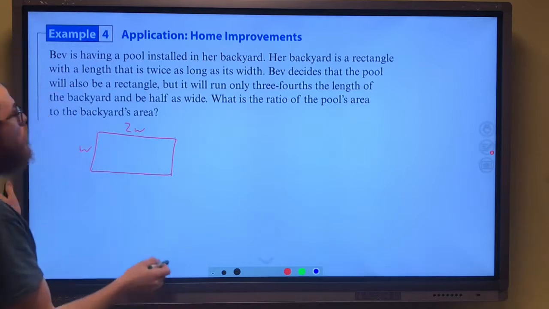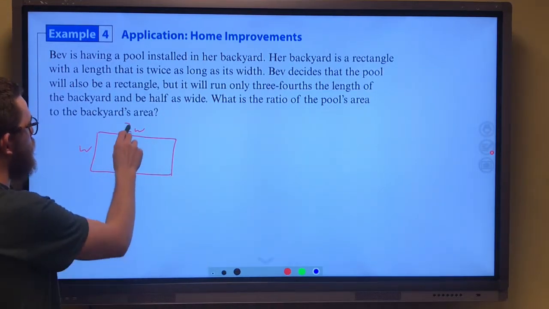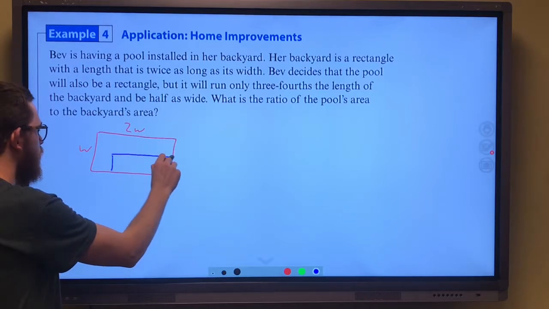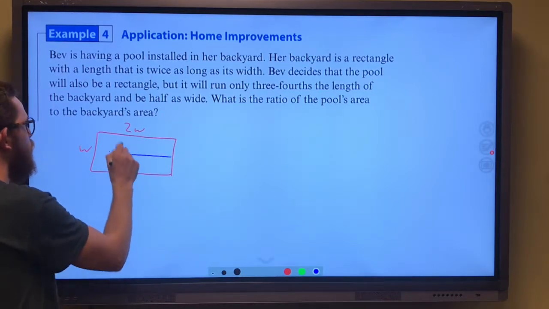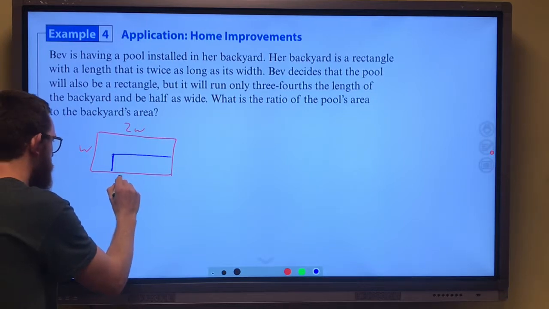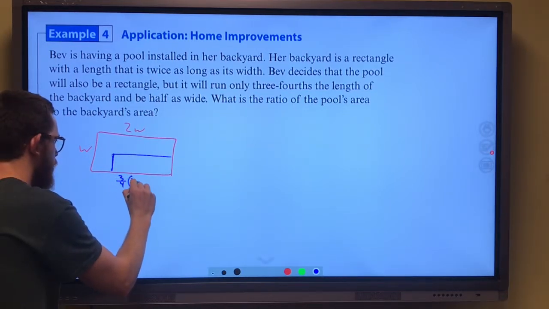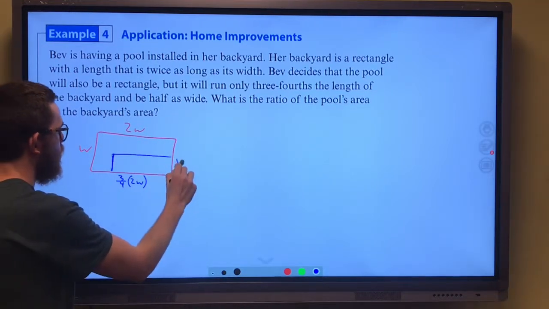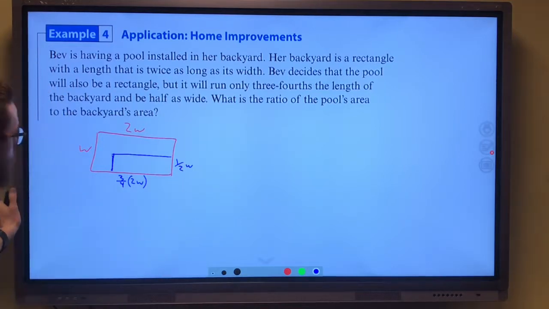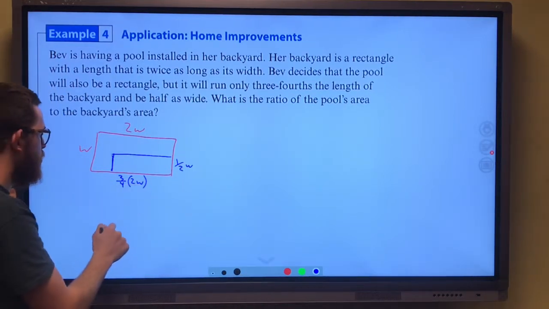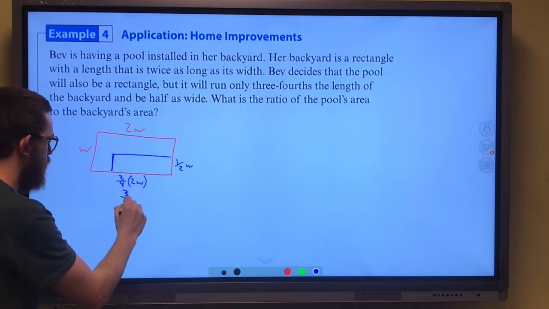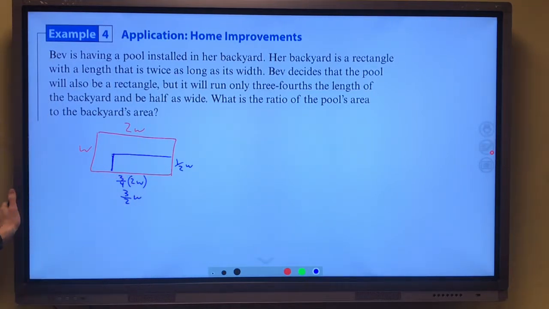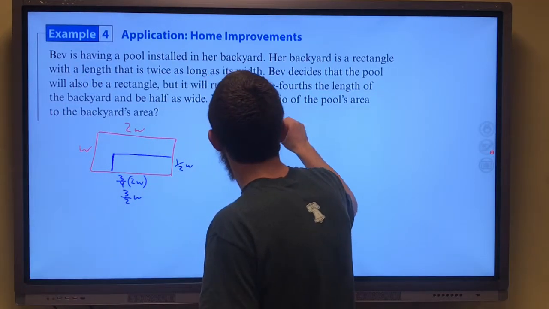Well, this will run 3/4 the length. So what was 2w is now going to be 3/4 times 2w, and it is going to be half as wide. Okay, 3/4 times 2w does give us 3 over 2 w, so it's just a little bit easier to work with. We want to know the ratio of the pool's area to the backyard's area, so we're going pool to backyard.